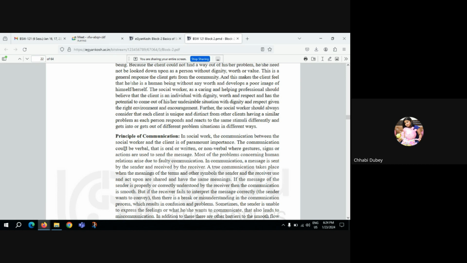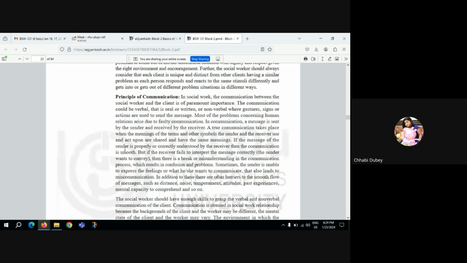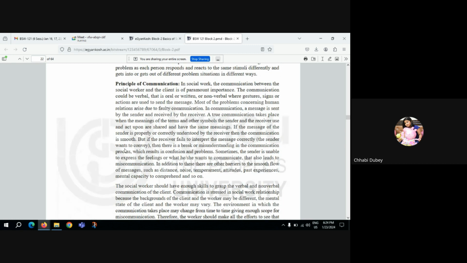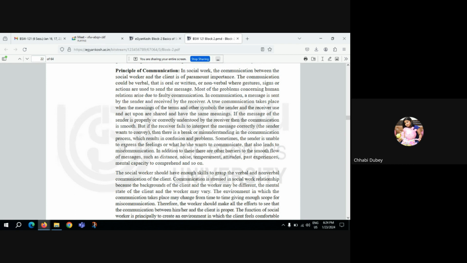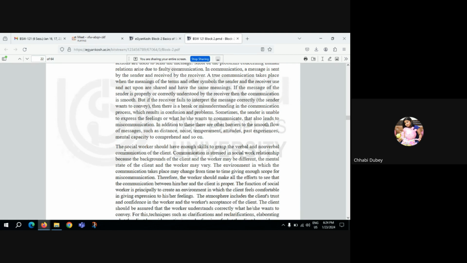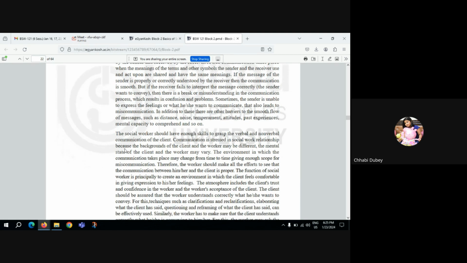This communication forms a very important aspect, and whatever information is given to us by the client, we will formulate our intervention according to it. So the line of communication between the social worker and the client should be direct, open, and clear. There should not be any scope for misunderstanding. That is why we need to be very open to communication.